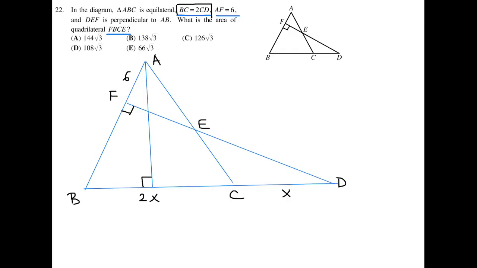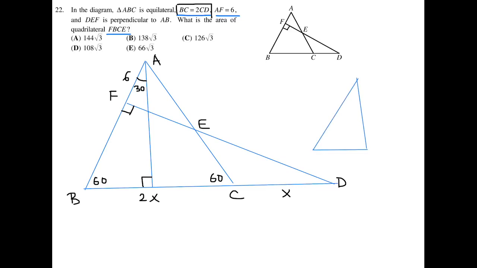Now, since ABC is equilateral, each of these angles is 60. Now, if this is 60 and this is 90, this is going to be 30. Okay? And I'm going to draw over here that 30, 60, 90 triangle, like that.